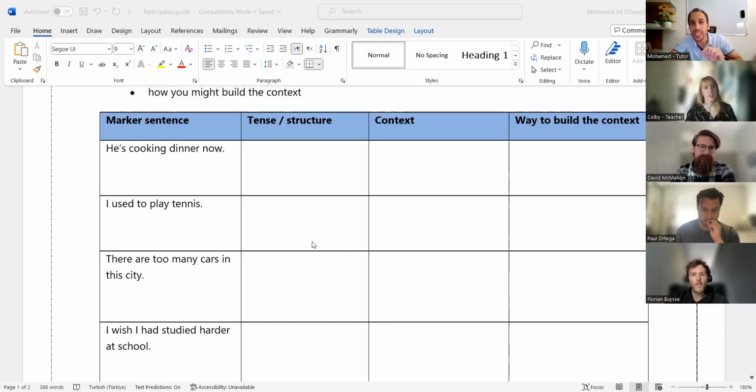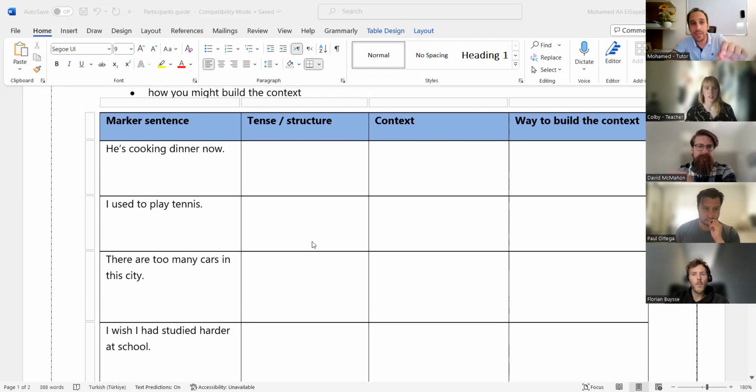You can just add some facts about these sentences or tenses. You write the name of the tense or the name of the structure. You don't have to be right. This is not a test. This is just brainstorming. And what the context is and how we build it.